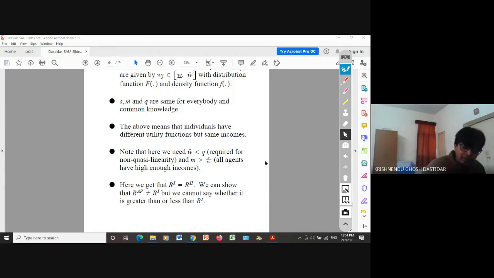You have partial revenue equivalence, R1 and R2 the same, but the all pay auction gives you different revenue, and you don't know whether it's higher or lower. At least theoretically, I cannot arrive at a general result, unlike the case where S or M are private information.